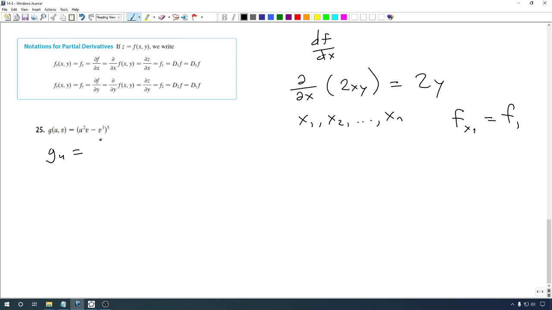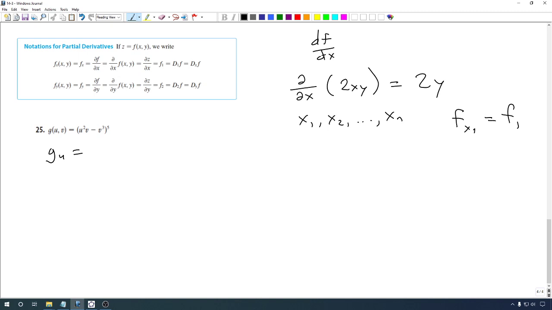We need to differentiate this thing. This time it is a polynomial, but it's not expanded out, and we don't want to have to expand it out. But remember, when we're differentiating with respect to u, we're treating v as a constant. So this is a constant times u squared minus some other constant, all to the fifth power. And we just have to think of it that way and use the rules that we already know from Calc 1.